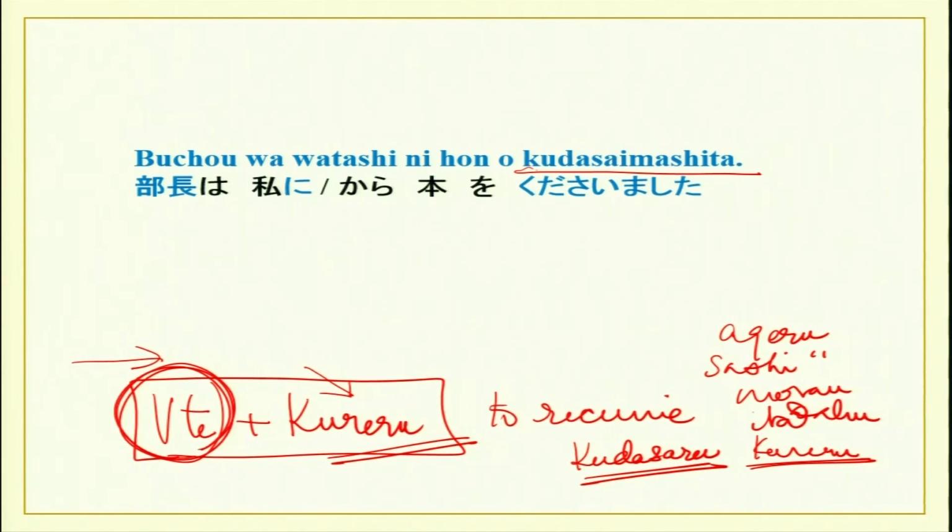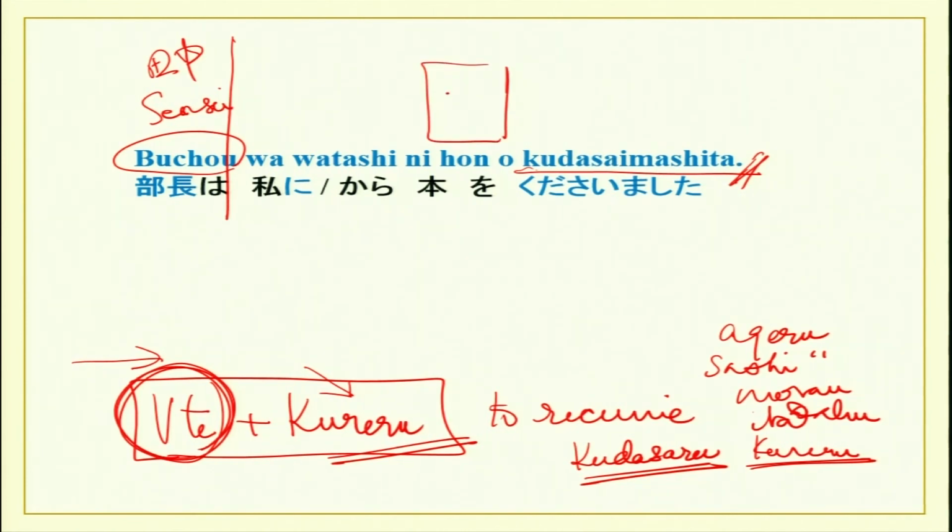Because it is bucho, it could be sensei, it could be some business associate, maybe Tanaka-san. So, wa watashi ni hon o kudasaimashita. He gave me a book. So, being very, very polite over here with kudasaimashita. And again, you can replace hon with any noun over here.